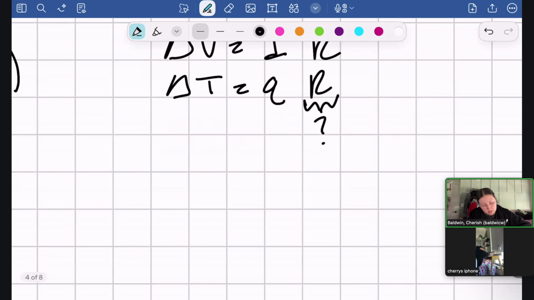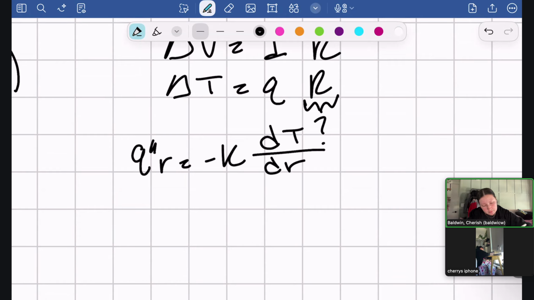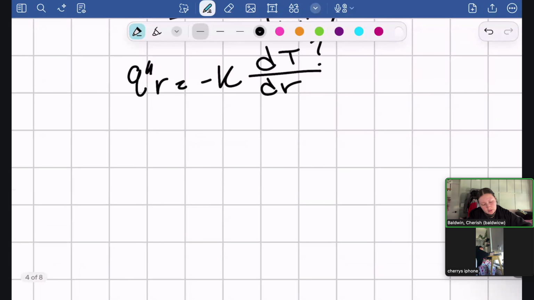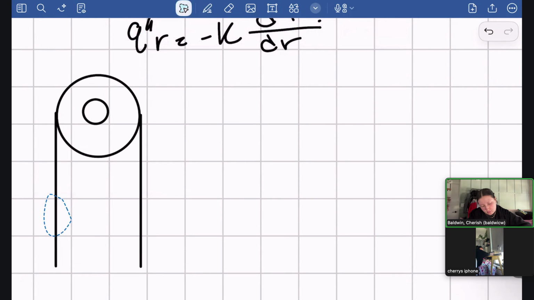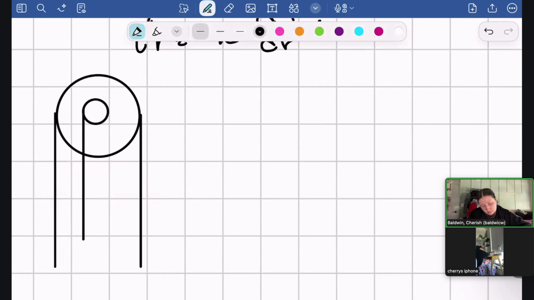So think of Fourier's law, which is Q r equals negative K dT over dr. So now we have to think of it as the cylindrical object, R1 to R2.